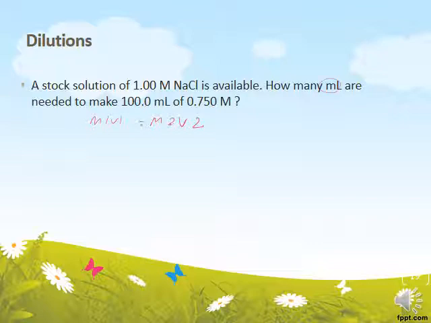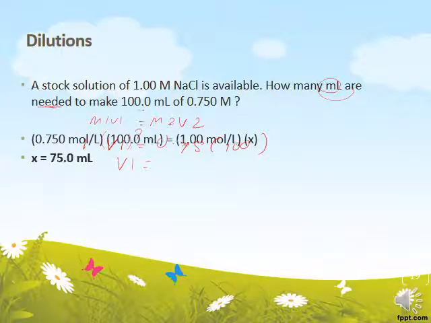To make 0.75 molar, which is 100 ml in volume, and here is 1 molar, how much do we need to take from this solution? So V1 here is 75 ml.